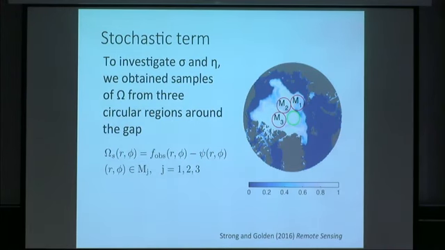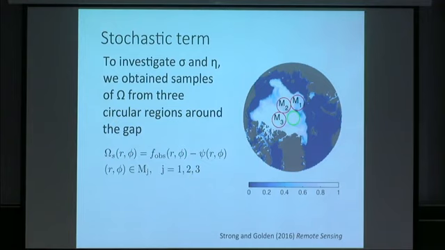So this is that same example. So here's the polar data gap, which is the area where we don't have data, with a green circle around it. And then to answer Chris's question, this is where we measured the CS concentration random function. So to investigate these parameters sigma and eta, we took samples of the stochastic process. So for each of these regions, M1, M2, M3, we took a sample on each day of the year of the stochastic function.